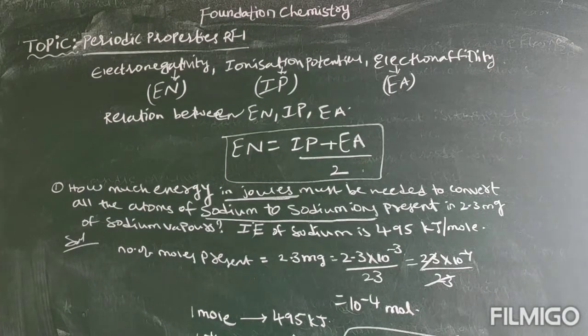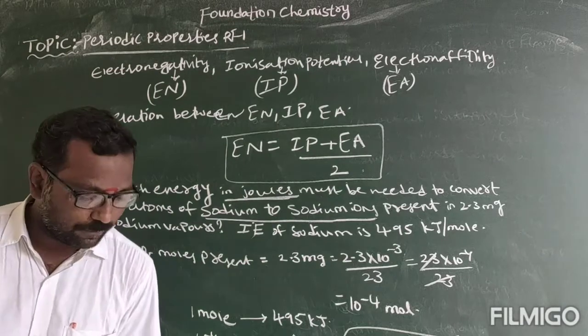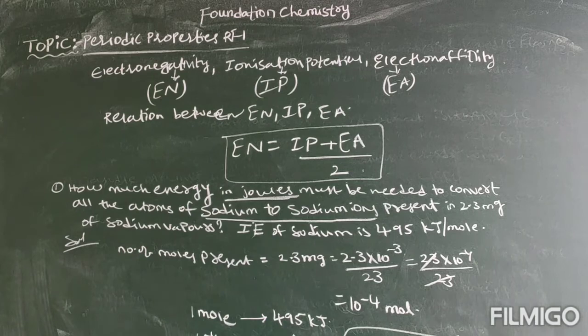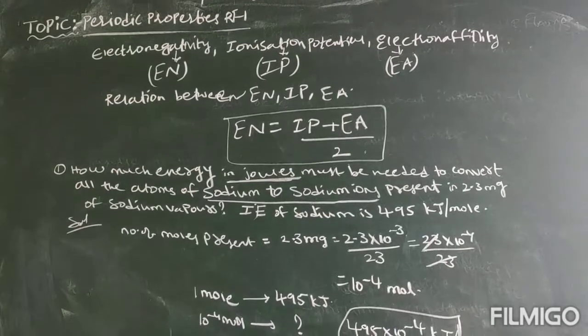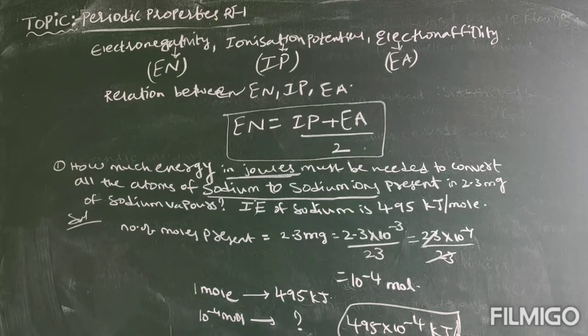Okay, if you have any doubt you can call me or do WhatsApp. See, for 1 mole it is 495 kilojoules. So we got how many moles? 10 power minus 4 moles.